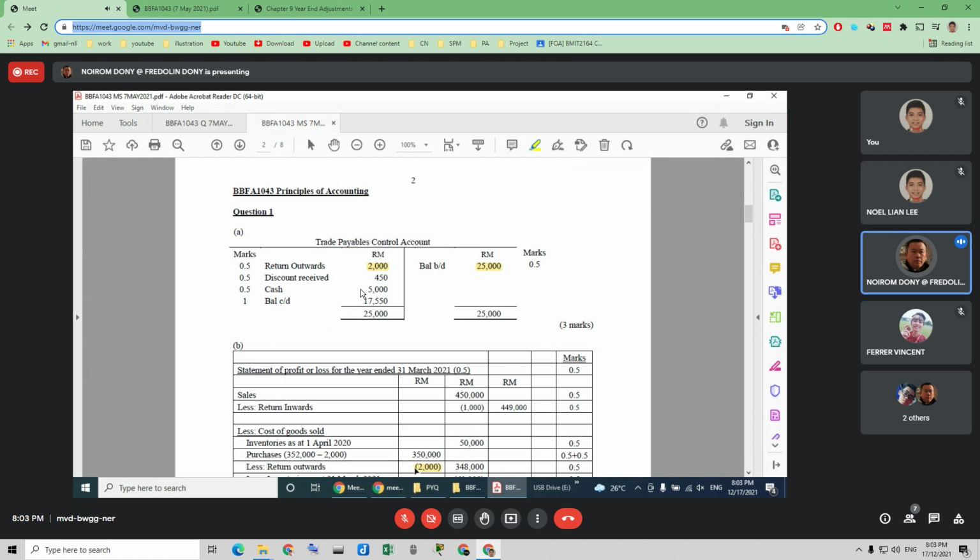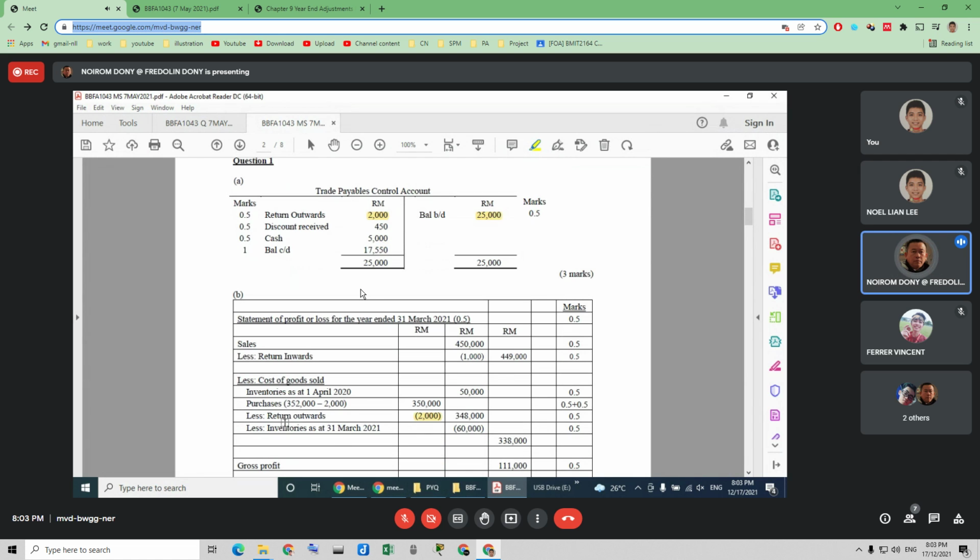The credit will be when we provide return outward, which is presented together with the purchases, attached together with the purchases. Can you get the concept? That is crediting when we provide into the return outward, because return outward is like a reduction of inventory. Inventory is an asset, so it should be recorded on the credit side.